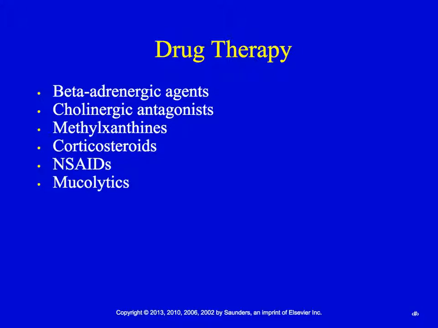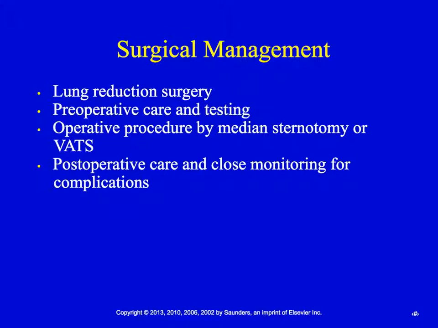Corticosteroids, of course, depress the inflammatory response. They typically like to give that as an inhaled steroid as opposed to a systemic steroid. NSAIDs, just for comfort. Mucolytics will help them get that mucus sitting down in the lungs, help them cough all that out of there. There are some surgical interventions that may be applicable for some patients.